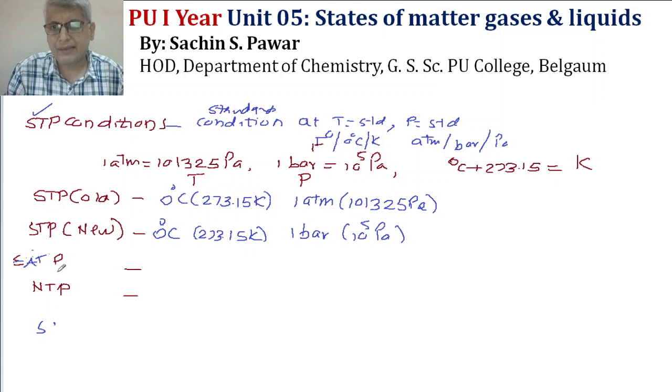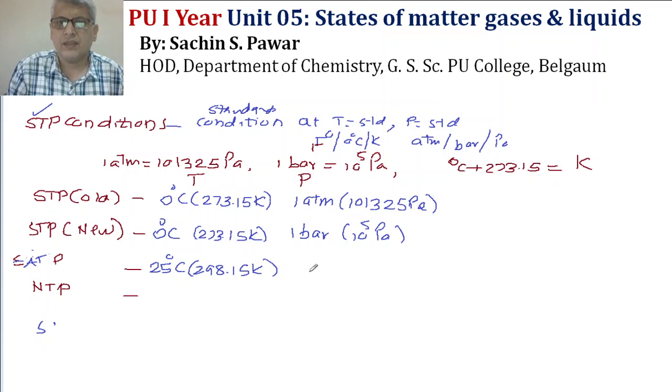The temperature is taken as 25 degrees Celsius, which, if I add, becomes 298.15 Kelvin, and the pressure is taken as 1 bar, and that is 10 to the power 5 pascals.